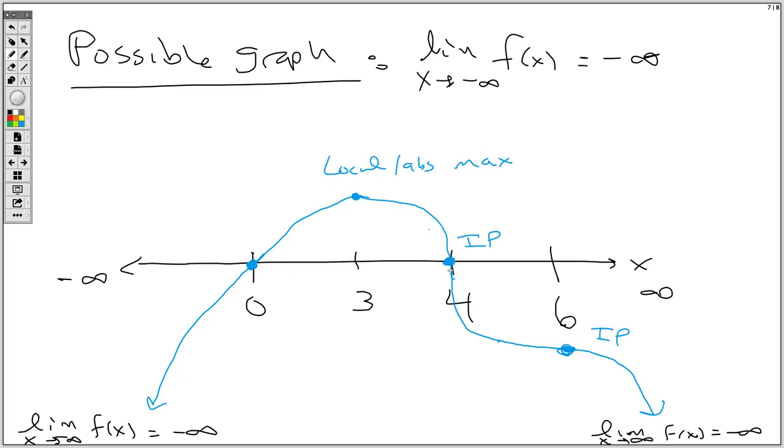At 4, it crosses through. The function goes from positive to negative. It crosses through the x-axis. Concavity goes from concave down to concave up. We're decreasing then, but below the x-axis over to 6. It's decreasing and concave up. At 6, it switches to decreasing and concave down.